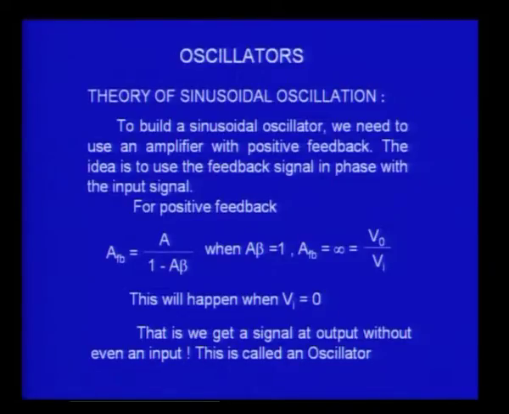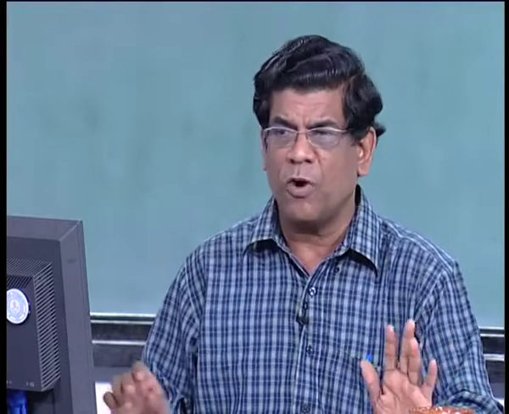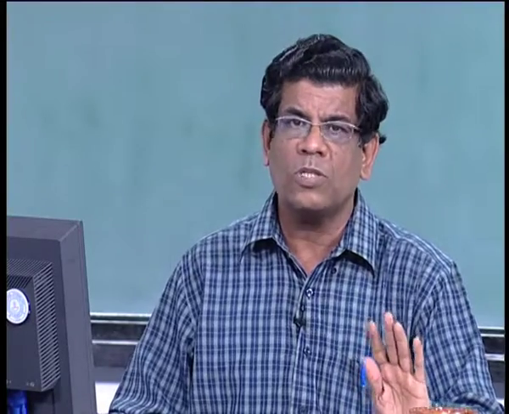Therefore only that frequency will be preferentially provided and the output will have that frequency. If you want to vary the frequency, correspondingly you have to vary the reactive components that you have in the circuit. But in principle what I have so far explained is the most important criterion, or the principle, of oscillators.